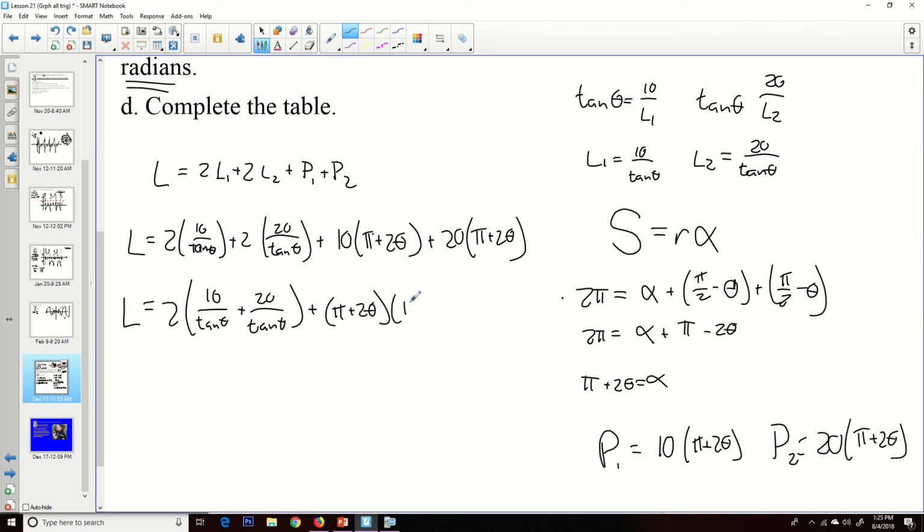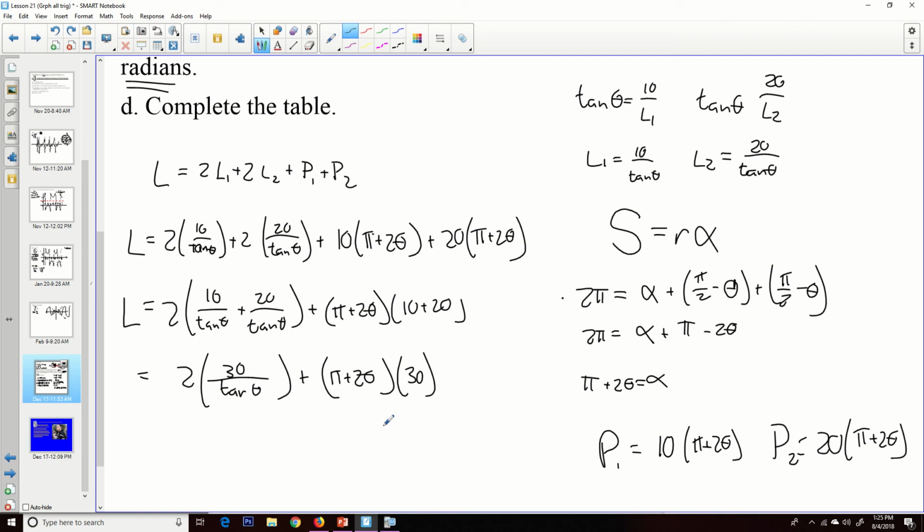That'll leave me 10 plus 20. And since I have a common denominator of tangent, I'm going to say that this is 2 times 30 over tangent theta, plus pi plus 2 theta times 30.